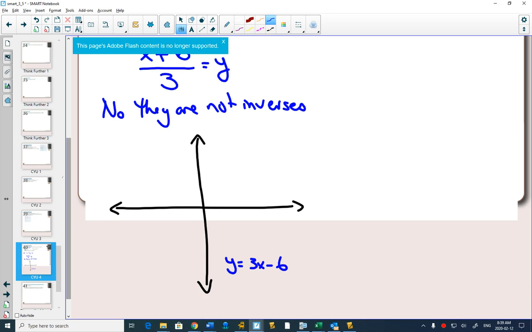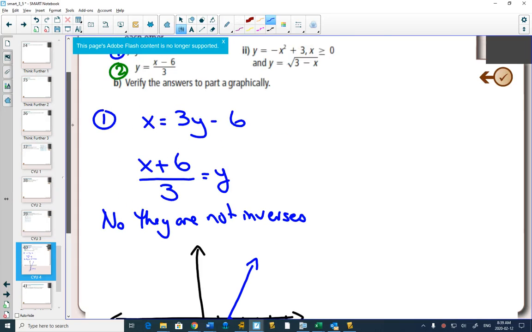And our green equation, well, I'll graph the blue one first. 1, 2, 3, 4, 5, 6. So we would have a y-intercept of minus 6, a slope of 3, so we go up 3 over 1, up 3 over 1. There's our blue graph.